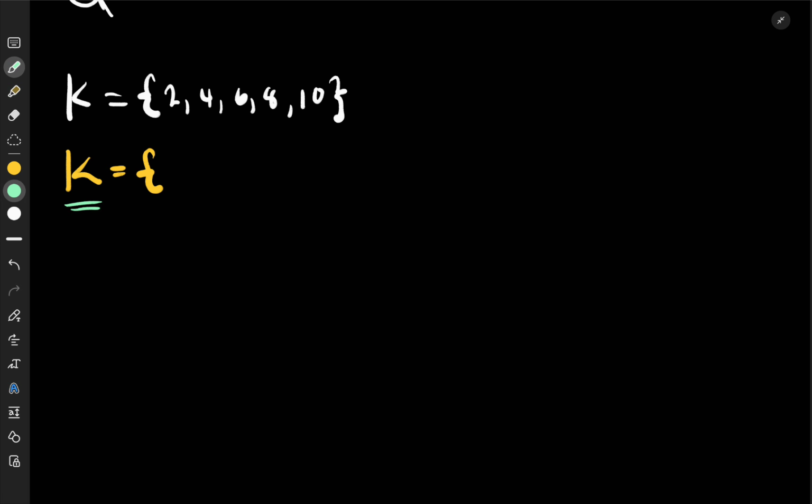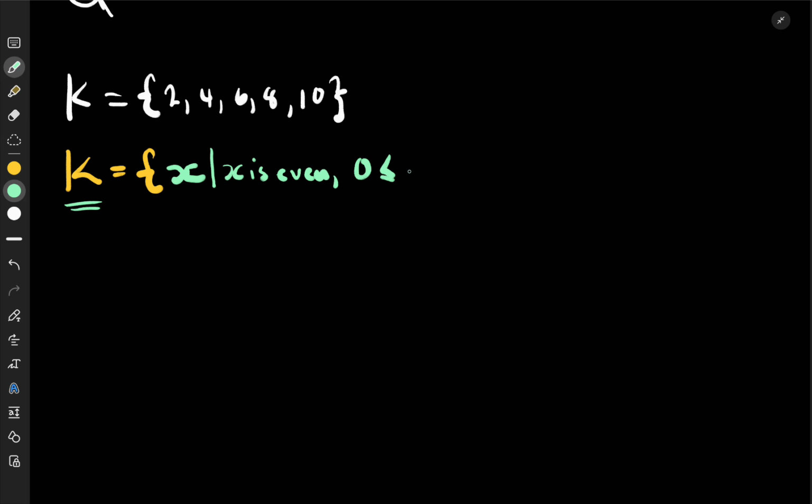Then we choose another letter, a small letter, to represent the elements of that set. So I'll say X. X is all the values that are in set K. All the values that are in set K are called X's. So it will be represented by X, such that X is even and X is between 0 and 10.